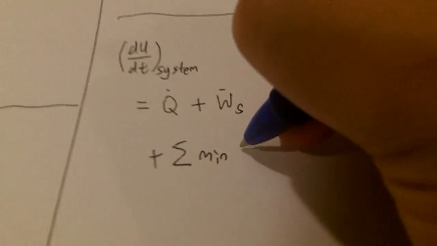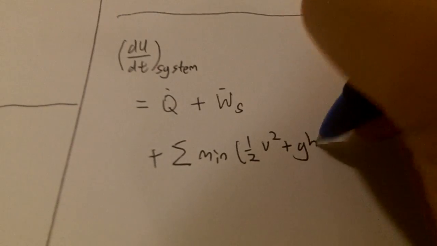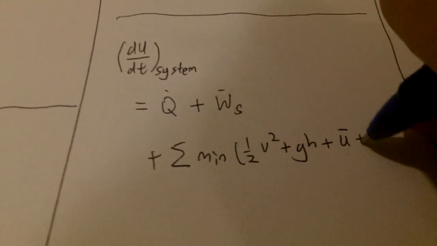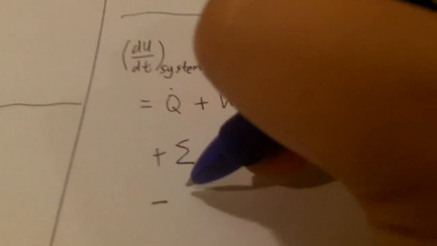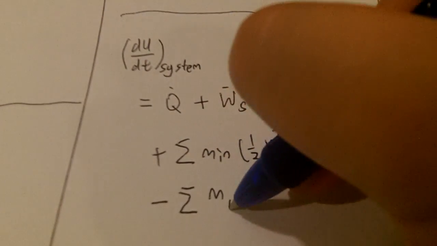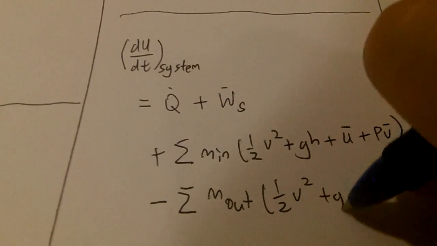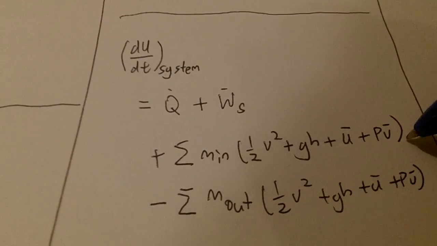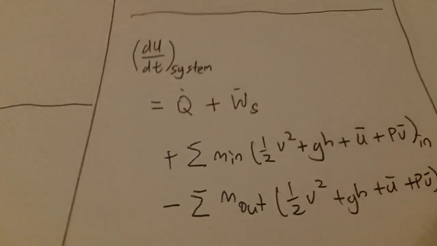Now I need to include this into my energy of each stream. This one is the in, this one is out. Alright.